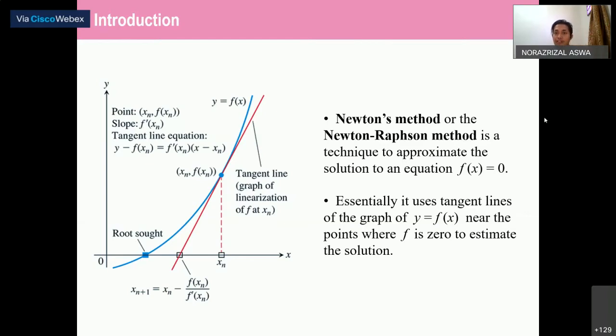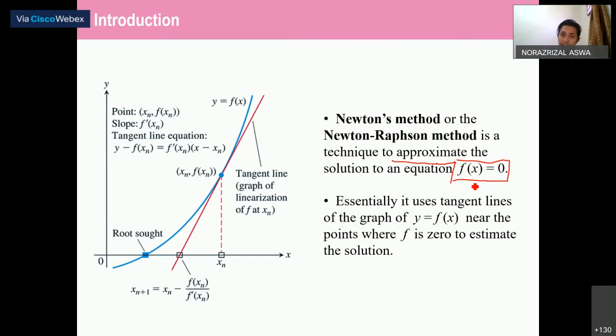Okay, so again, Newton method is a numerical method and it is used to approximate the solution to an equation f(x) equal to 0. Okay, so it can be any kind of equation as long as you can make sure that, in this case, our right hand side is 0.